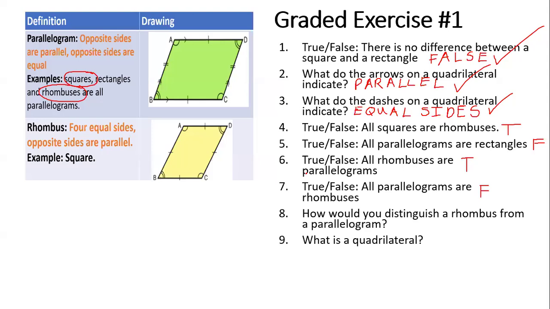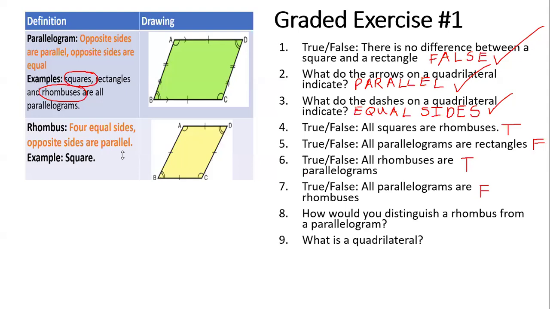Number 8. How would you distinguish a rhombus from a parallelogram? The sides are much longer or shorter than the other. No. Well, I put mine as the opposite sides are equal.